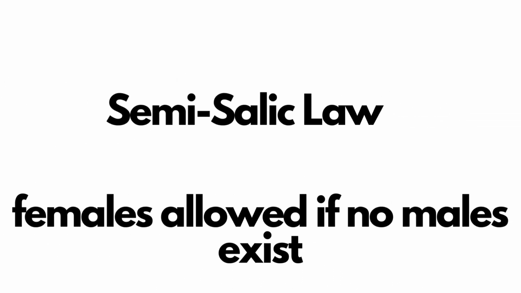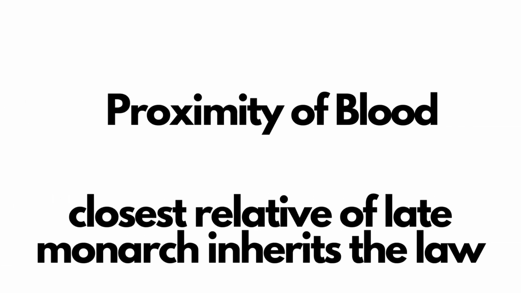Then we have semi-Salic law, which is a combination of the previous two systems, agnatic and cognatic succession. This law reserves the succession to male descendants first, followed by female members of the dynasty if no male descendants remain. We also have proximity of blood.